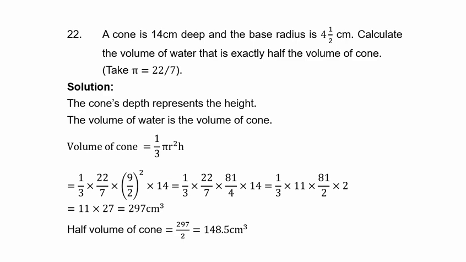Example 22. A cone is 14 cm deep and the base radius is 4 and 1/2 cm. Calculate the volume of water that is exactly half the volume of the cone. Solution.